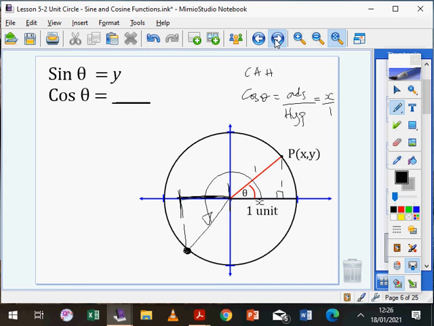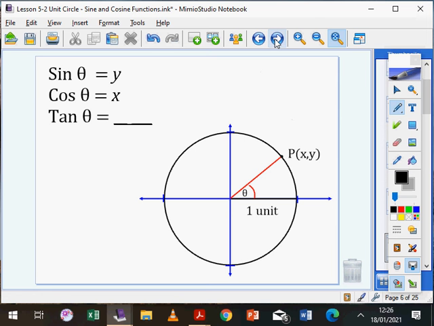What about tan? We know tan is equal to opposite over adjacent. So we know that tan of theta is equal to opposite over adjacent. And if I have again this right angle triangle that I make here, the opposite is y, the adjacent is x. So therefore the tan of theta is going to be equal to y divided by x.